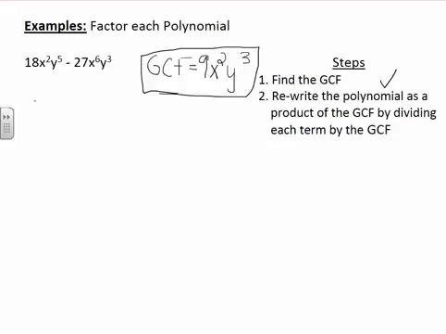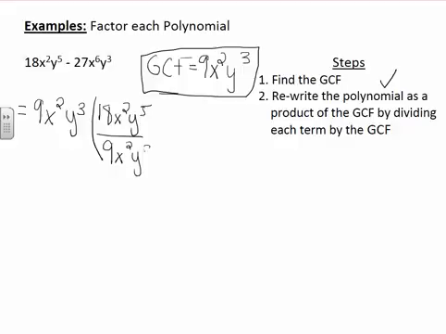We rewrite this with our greatest common factor out front, and then we write each term divided by that greatest common factor: 18x squared y to the 5 divided by 9x squared y cubed, minus 27x to the 6 y cubed divided by 9x squared y cubed.